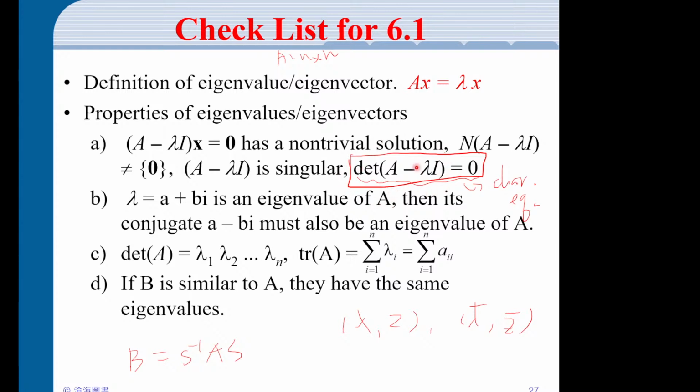The characteristic polynomial has degree n, and so you have n roots for lambda. But some of the roots might be the same, and later we will see that this gives us a weird situation.